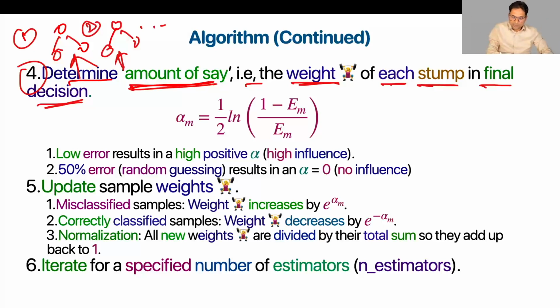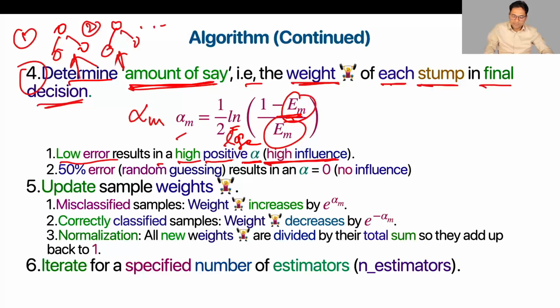This is given by a term called alpha m. This is the formula: alpha m equals half ln of (1 minus em) by em, where em was the error that we got, the summation of weights, and ln is the natural log, base e. If the error is low, it results in a very high positive alpha, high influence.